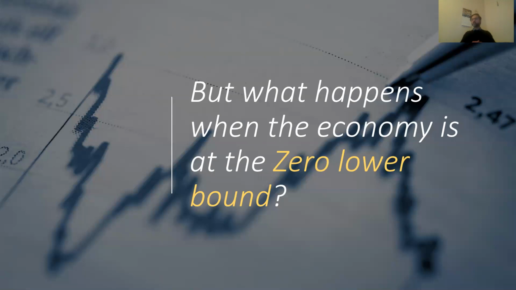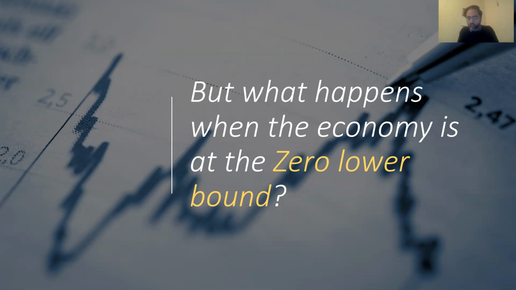But what happens when the economy is at the zero lower bound? Remember I said that the central bank controls the short-term interest rate, by which I mean you can think of that as the one-period interest rate. What happens when that interest rate cannot go below a certain threshold? For the sake of this session, let's assume that threshold is 0.